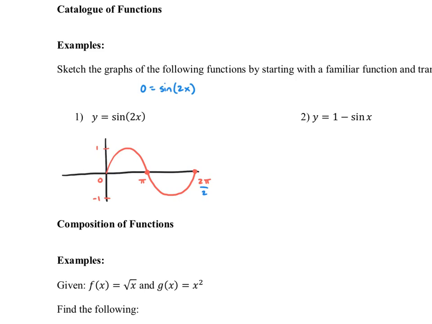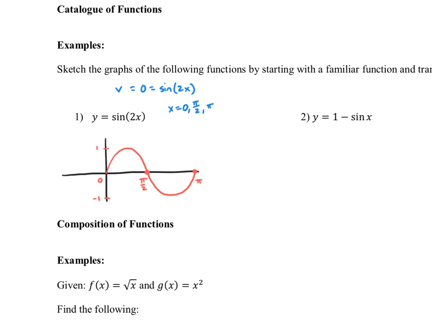What we have then are x-intercepts of 0, pi over 2, and pi. It's a quick way to reference: if this was the velocity of some particle and we wanted to know when the velocity is 0, now we have our answer on at least this interval. If we needed to extend the interval, we certainly could. It would be pretty easy at this point.